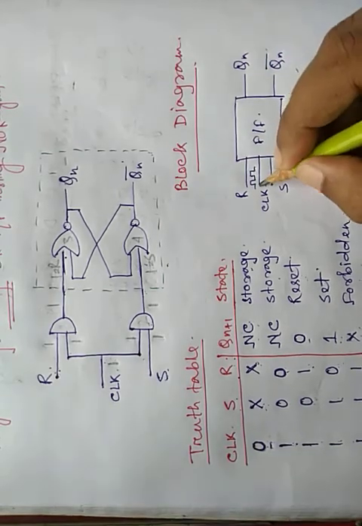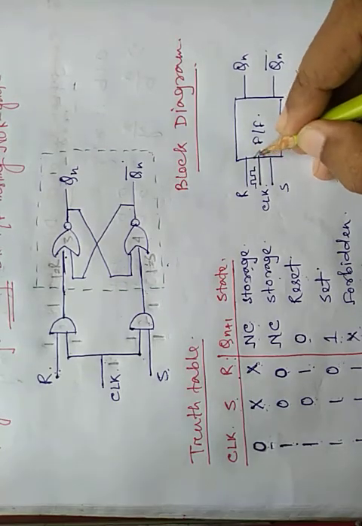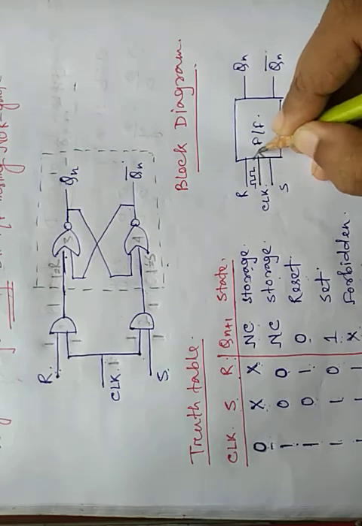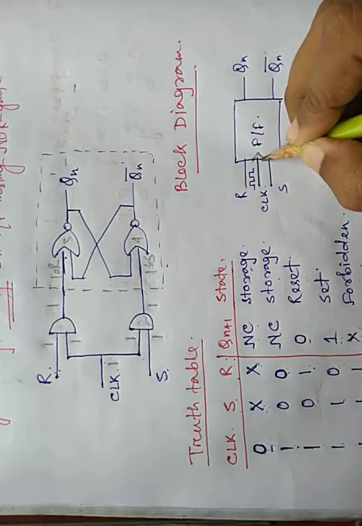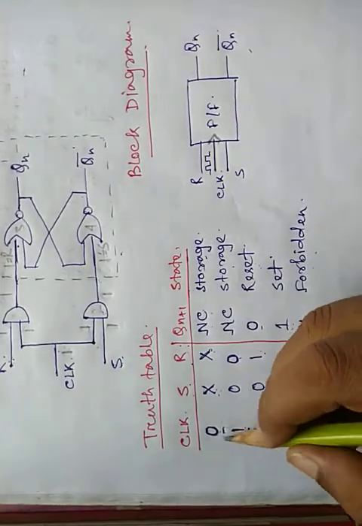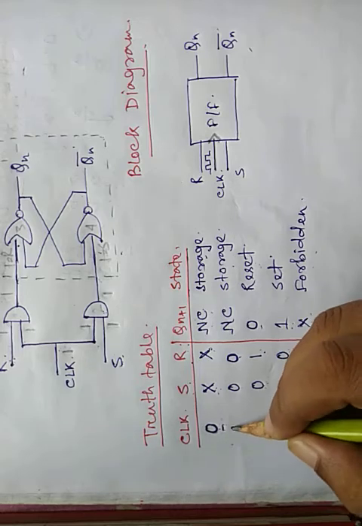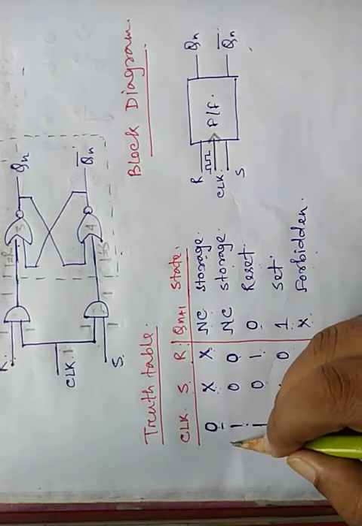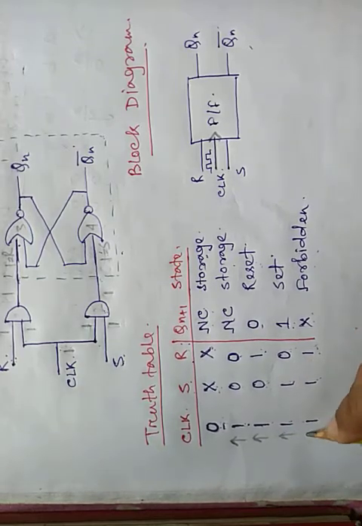If the clock is edge triggering, there must be an arrow sign in front of the clock to indicate that this flip-flop is activated by edge triggering. Instead of 1 we can use the arrow sign if it is edge triggering.